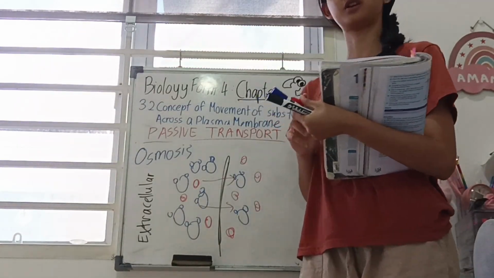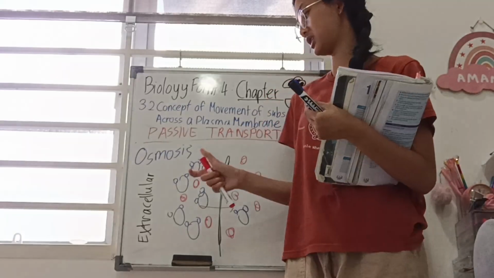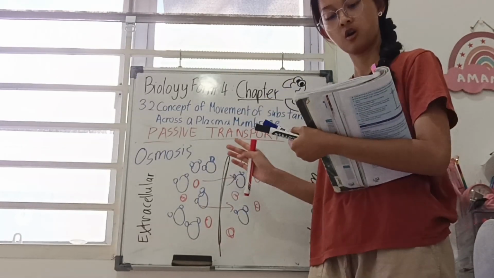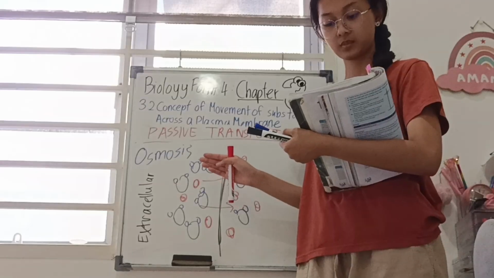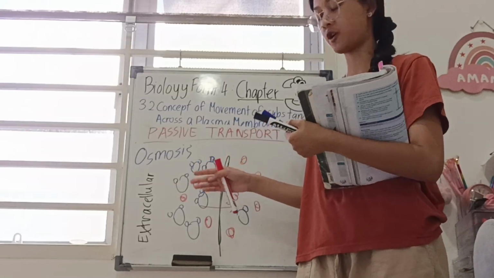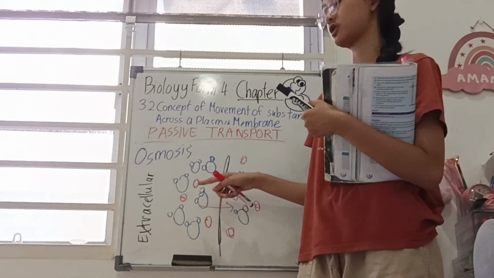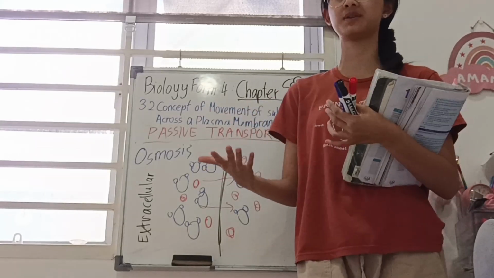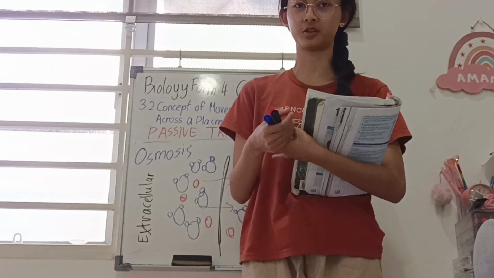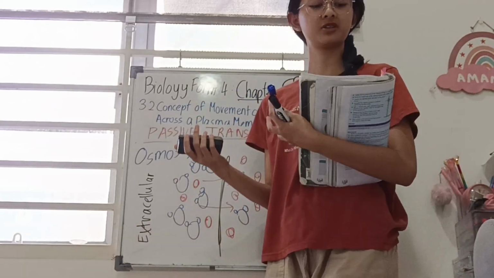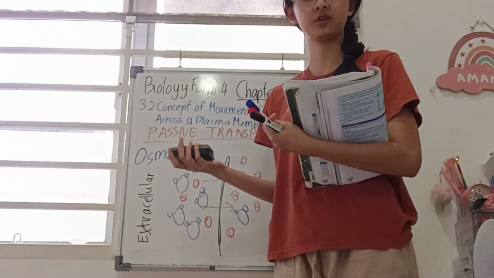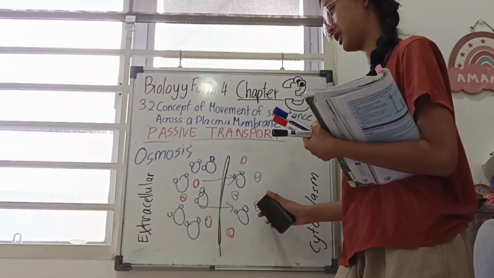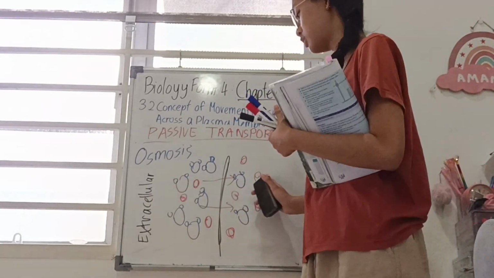So osmosis can be described as water going from high concentration to low concentration, or water going from a low concentration of solutes to a high concentration of solutes. Also to do the same thing, to reach the dynamic equilibrium. Just now for simple diffusion, they follow the concentration gradient. This one also follows the concentration gradient because it goes from high to low.